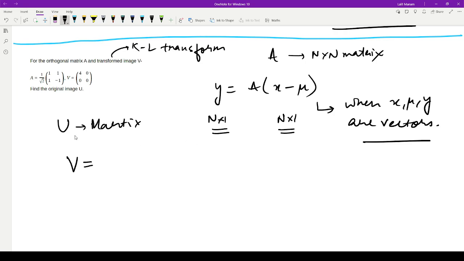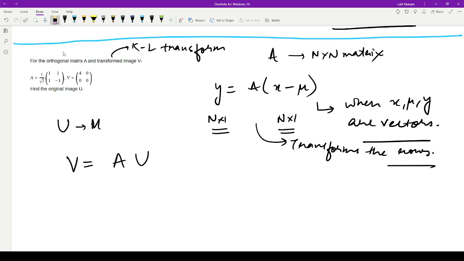But since we have a matrix U here, what is to be done? You will of course transform the rows, but you also have to transform the columns when U is the input matrix. So how will you do it?